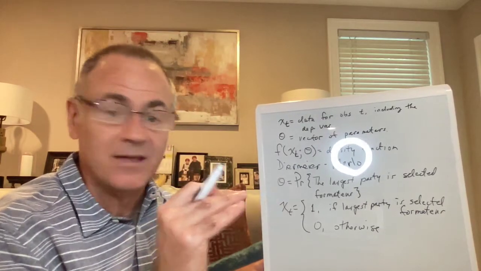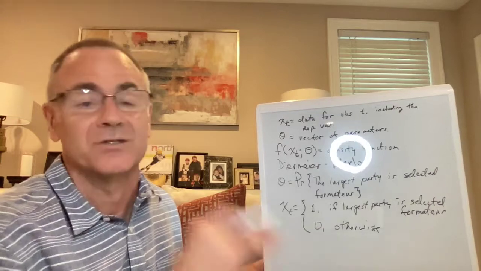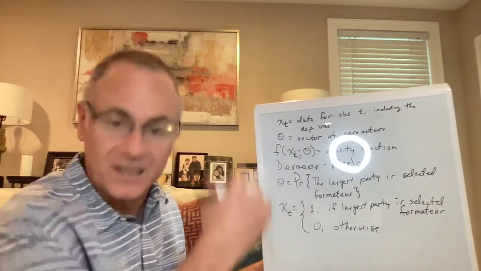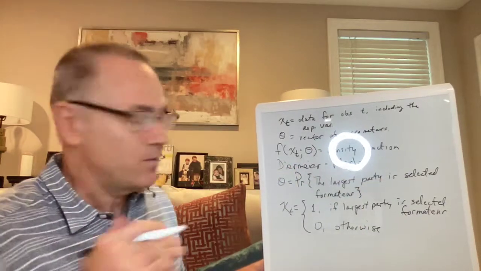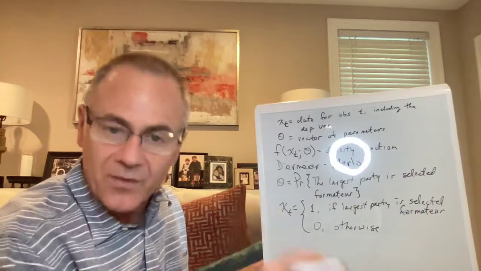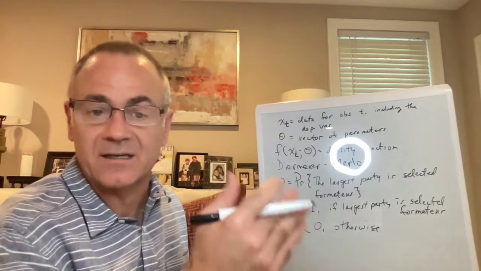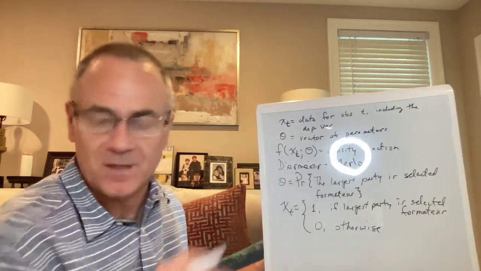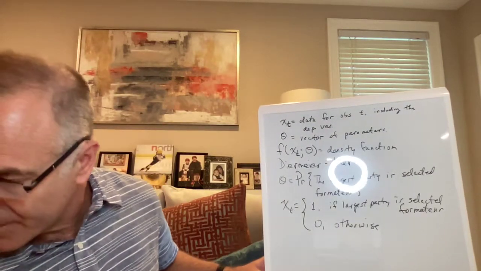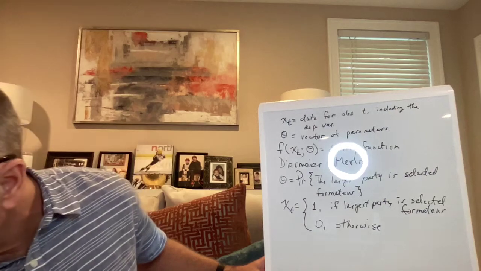So for observation t, there are no independent variables. There's just one dependent variable, and it's 0 or 1. That's the dependent variable, whether in observation t, say country t, the largest party was selected formateur or not. Okay, that's our model so far.